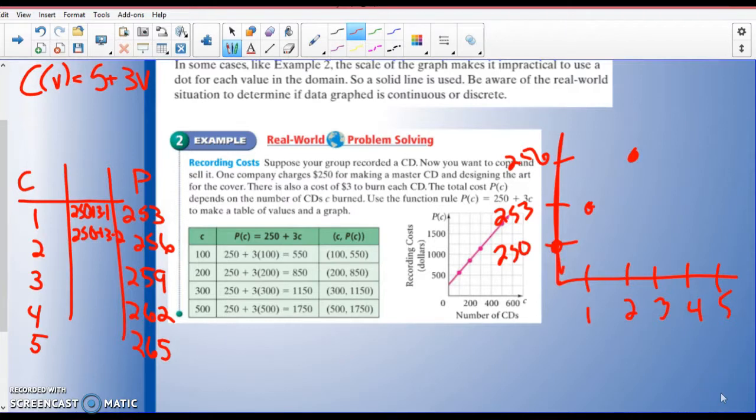Because with this scale, I can read it. This is a discrete function because it goes up $3 for every CD that you burn.